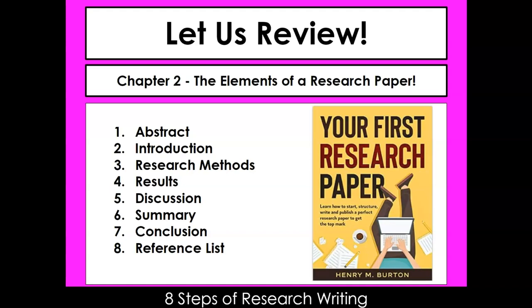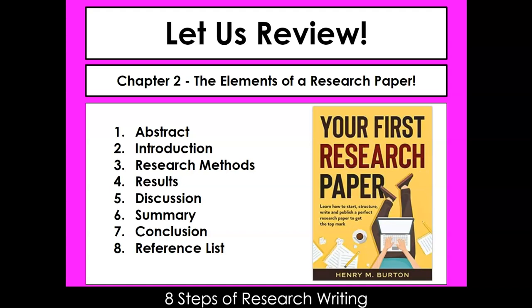When we get started drafting our research paper, we are going to have these 8 elements: abstract, the introduction section, our research methodology section, our results that come from our research, our discussion about those results, a summary, and a conclusion. And I think we are going to combine the summary and conclusion sections together. And then we'll have our list of sources that we use to gather our information.